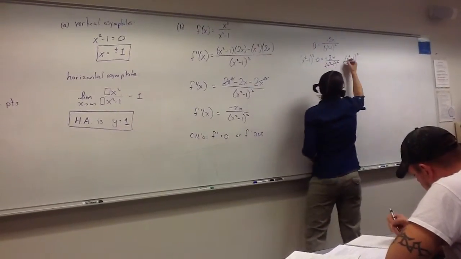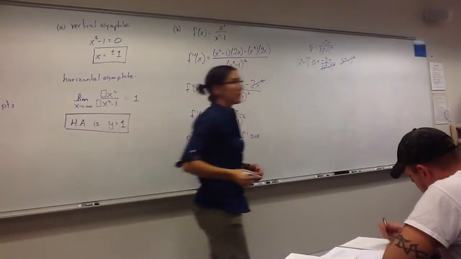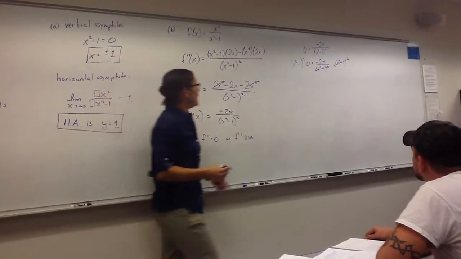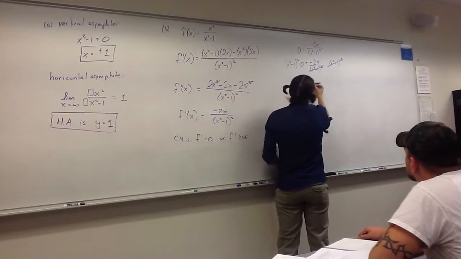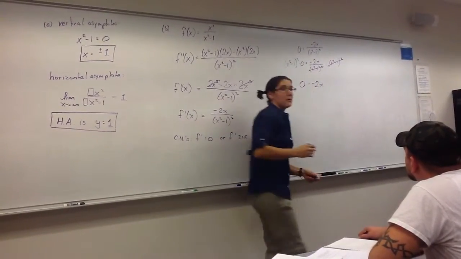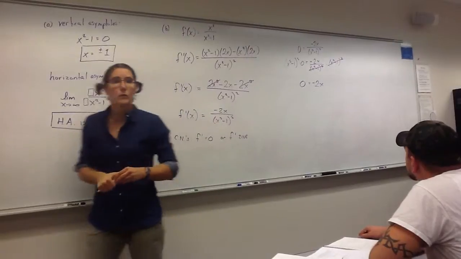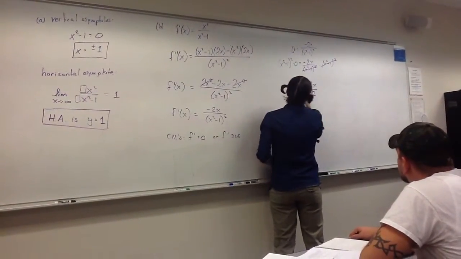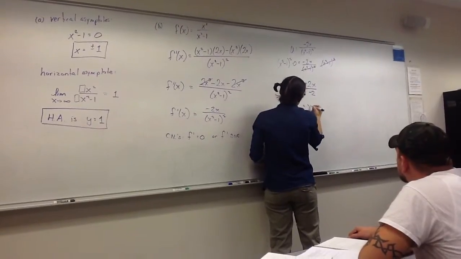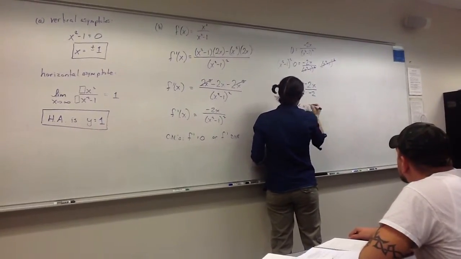On the right side, my denominator will cancel with the x squared minus 1 squared. On the left side, we're multiplying by 0, so I still have 0 on the left. And so I've got 0 is equal to negative 2x. And now to get x by itself, divide by negative 2. And we've got that x is equal to 0.